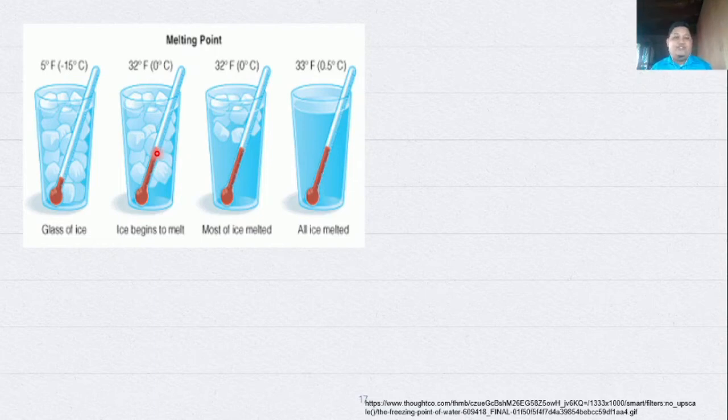So at 0 degrees, the ice that is made up of water melts and becomes water. But if we lower the temperature, let's say to negative 15 or negative 25 degrees Celsius, it will solidify to become ice.